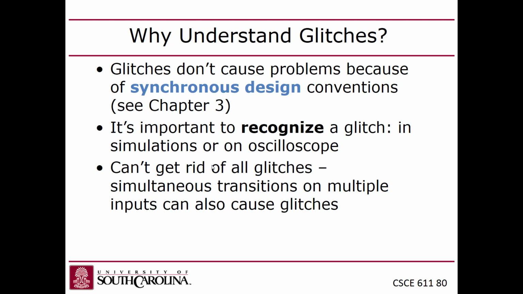NMOSs pull down, so they're the ones responsible for dropping to 0, and they're faster than PMOSs. In real circuits, the PMOSs are so much slower than NMOSs that when you design, if this were a VLSI design class and we were drawing the layout, you always make the PMOSs at least twice the size of the NMOSs.